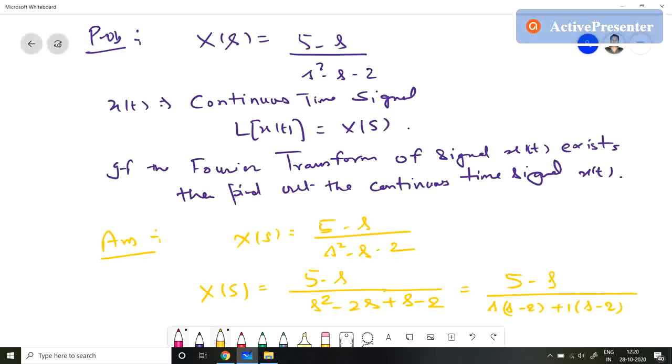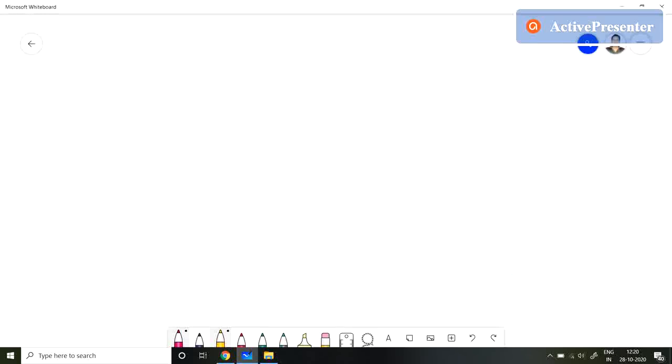So X(s) is written as 5 minus s divided by s squared minus s minus 2. It is equal to 5 minus s divided by (s plus 1)(s minus 2).